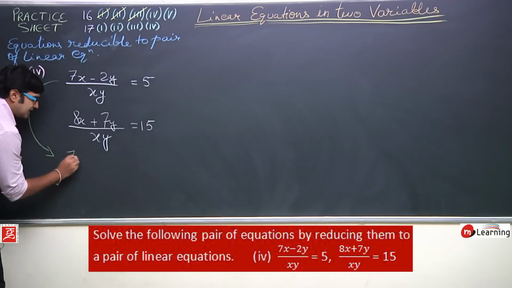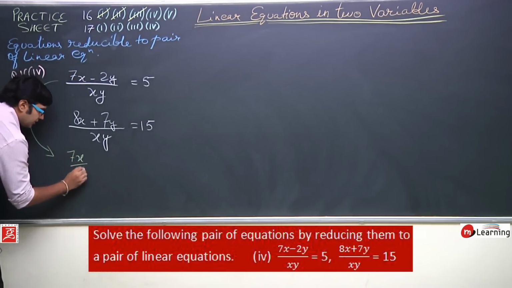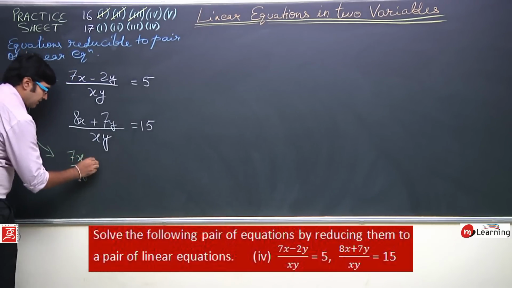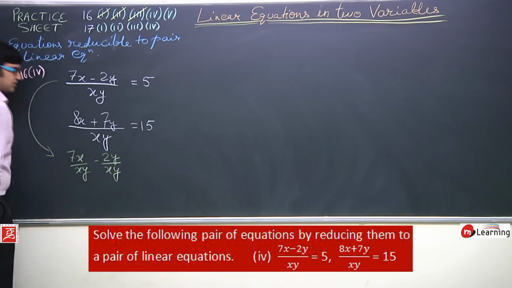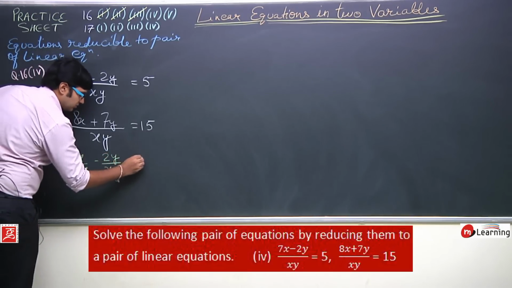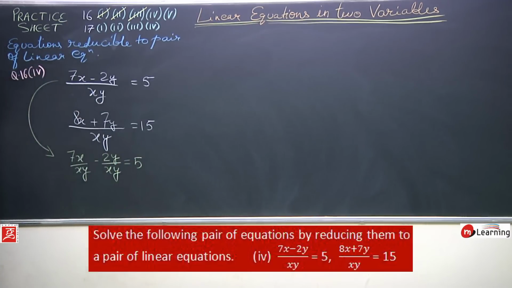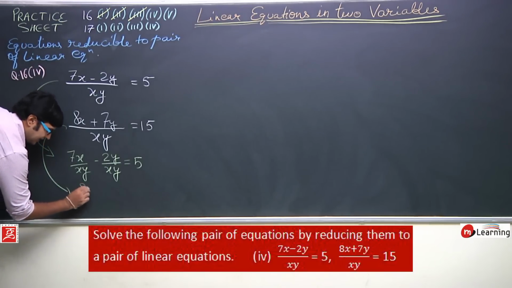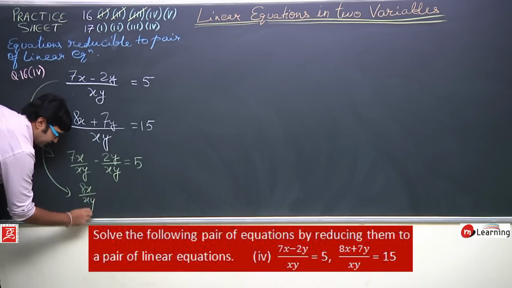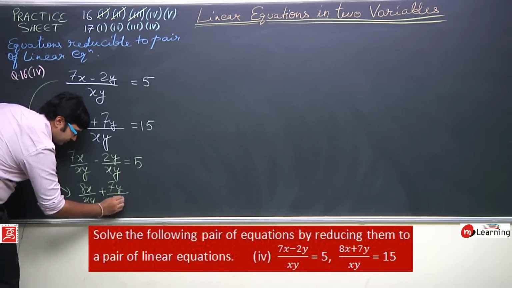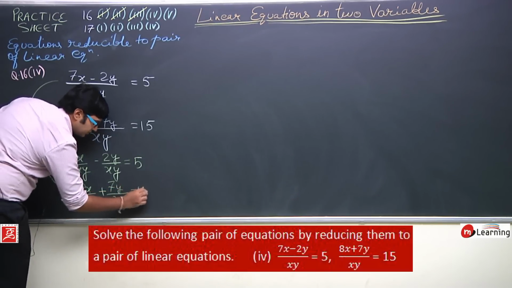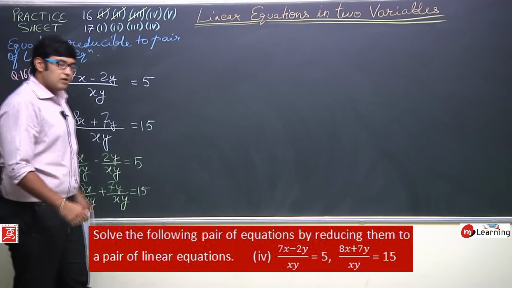I can write this as 7x upon xy minus 2y upon xy is equals to 5. And the second equation, this one, I can write as 8x upon xy plus 7y upon xy is equals to 15.